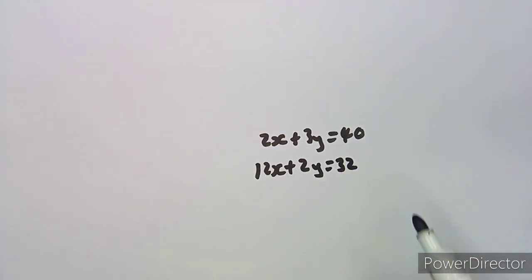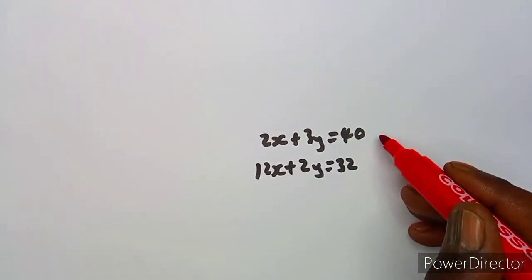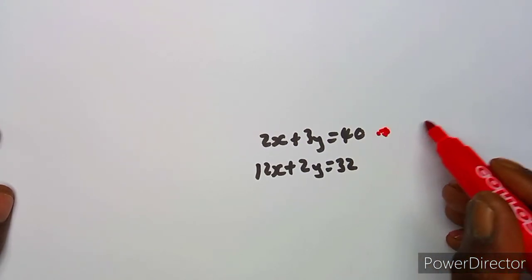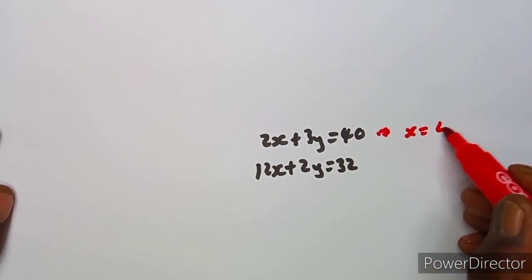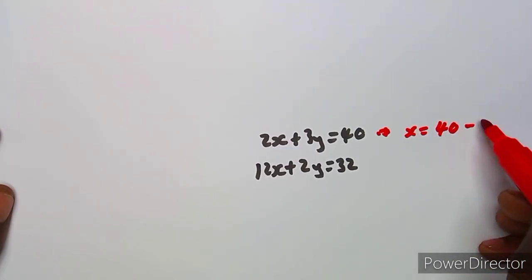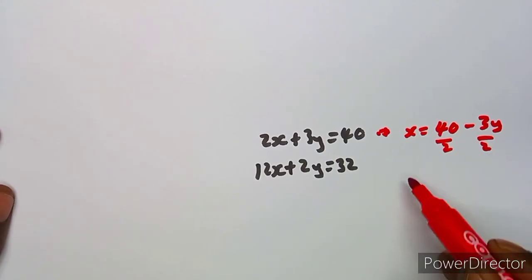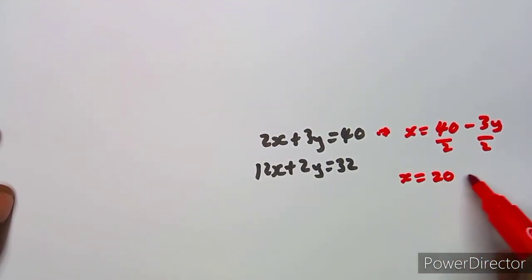Maybe you decided to make X the subject here. X is going to be 40 minus 3Y, then you divide each and every term by 2, so your X is going to be 20 minus 3/2Y.